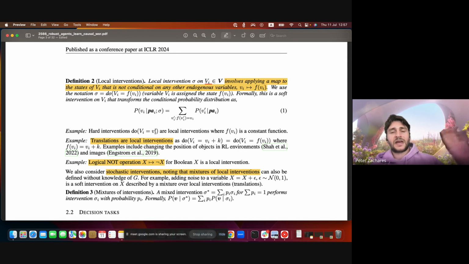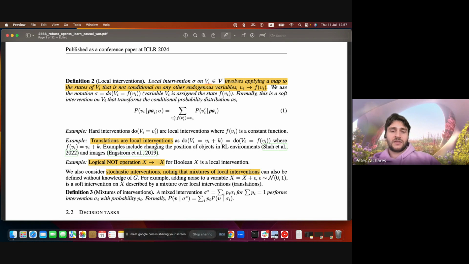A local intervention would map each value of v_i to a new value. A hard intervention, for example, maps all of the values of v_i to a constant value within V_i. So your variable could take on values 1, 2, 3, and I'm just going to map them all to 1. That's a hard intervention. But another example of a local intervention could be just a translation.